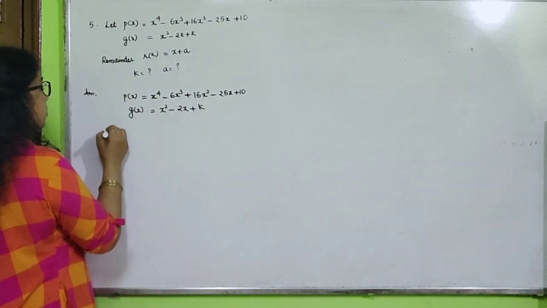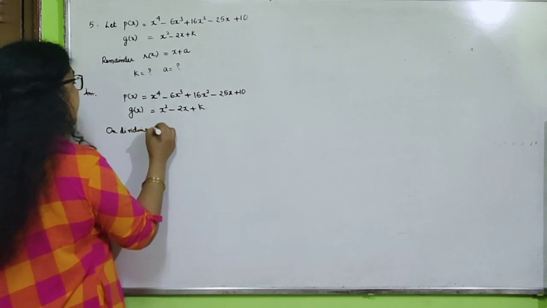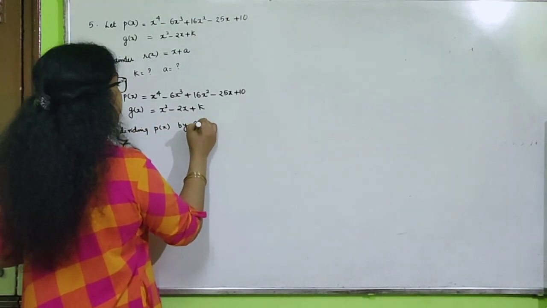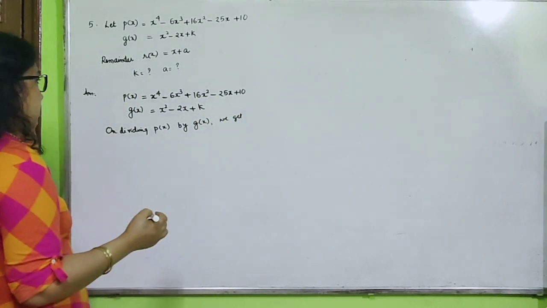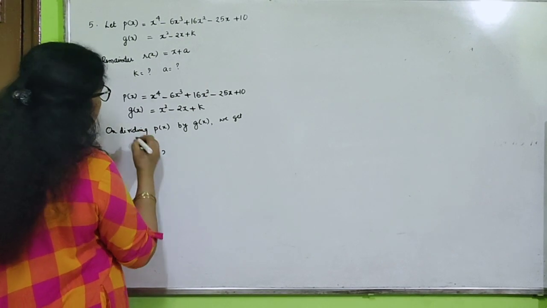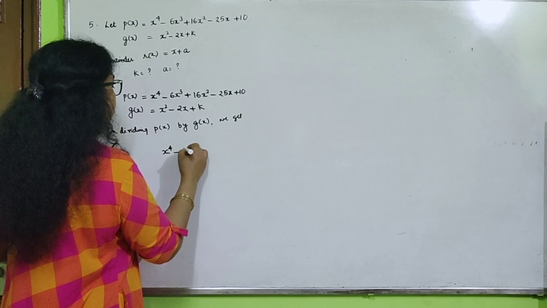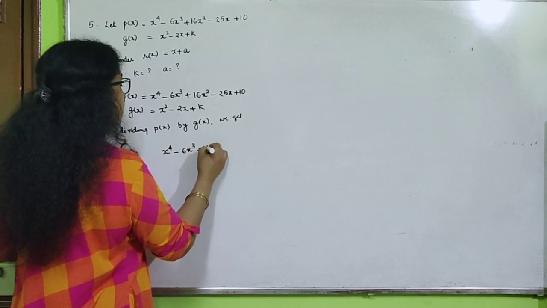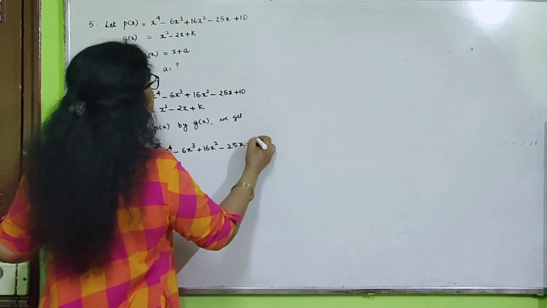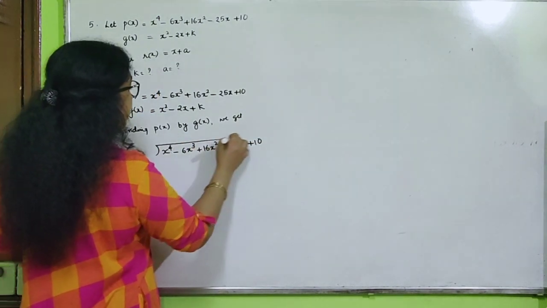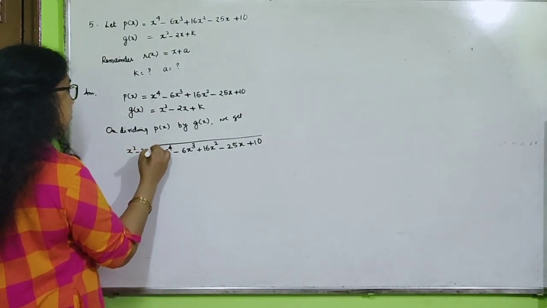Now on dividing p of x by g of x, by applying the division algorithm, you have to write x raised to 4 minus 6x cube plus 16x square minus 25x plus 10, dividing by what? x square minus 2x plus k.